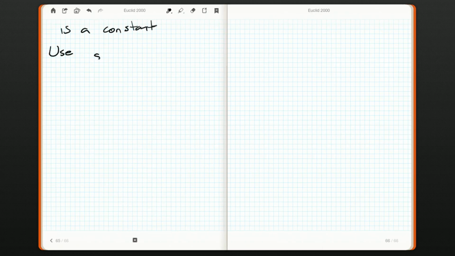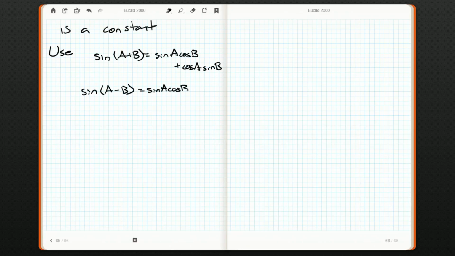So sine of A plus B is equal to sine A cos B plus cos A sine B. And then because we have that 90 minus sigma in there, we should also write out the A minus B version, which is sine A cos B minus cos A sine B. I'm trying to remember which one the minus goes in front of, but B is the one that changed to a minus.